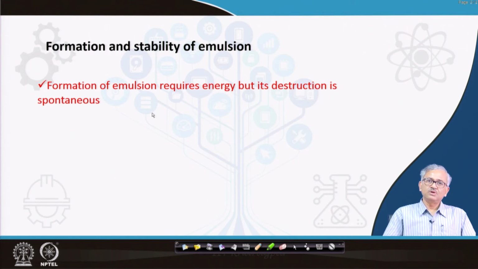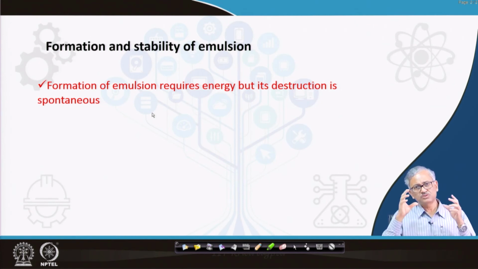and as a result the surface energy is also very high. Depending on the surface tension, you can have a lot of energy in the emulsion. So emulsion is a very high energy product, okay, and it will always try to collapse and go back to the nominal slag metal interface.